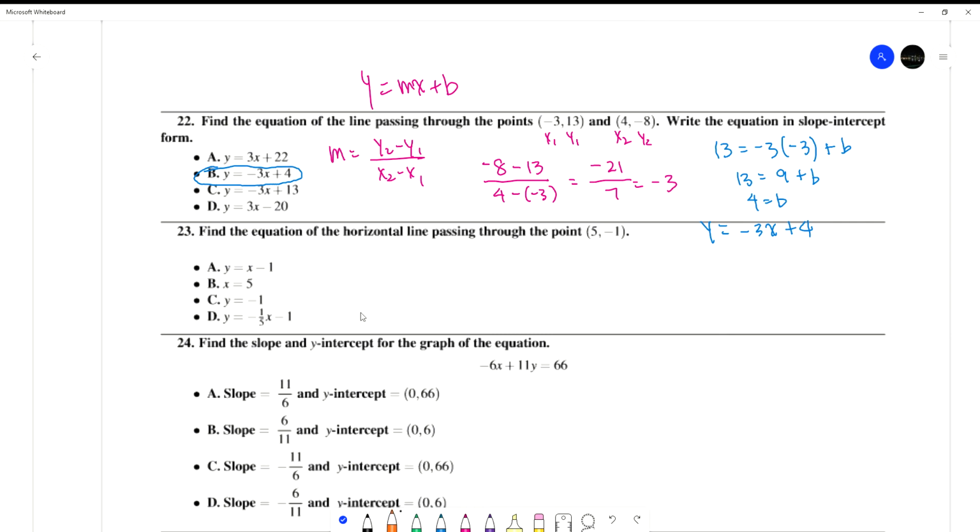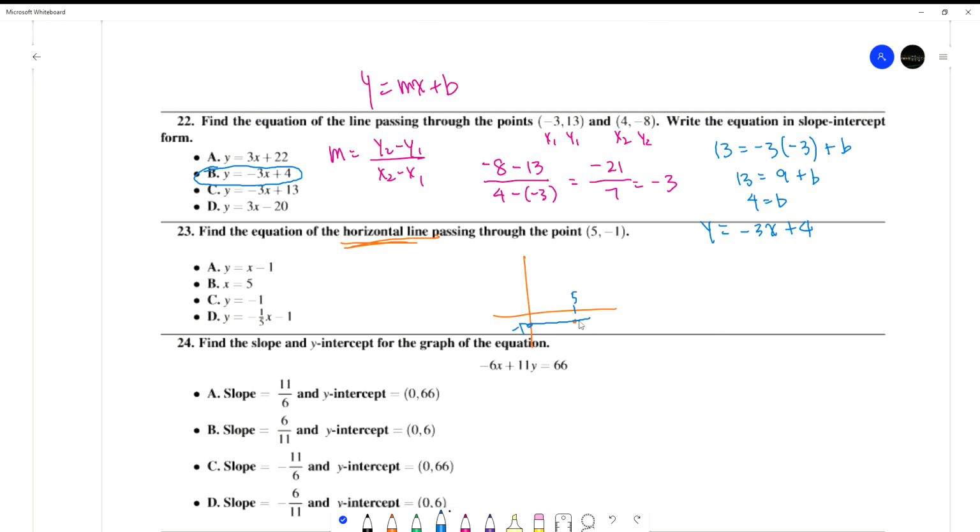Number 23. Find the horizontal line. So what does the horizontal line mean? It means it's a line passing through (5, -1). This is 5 and this right here is negative 1.